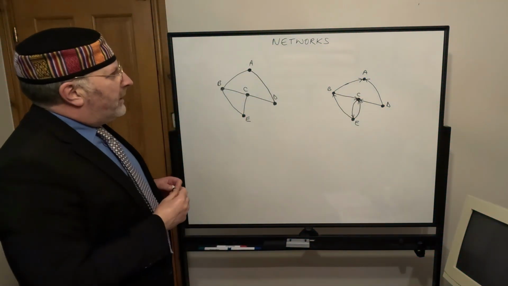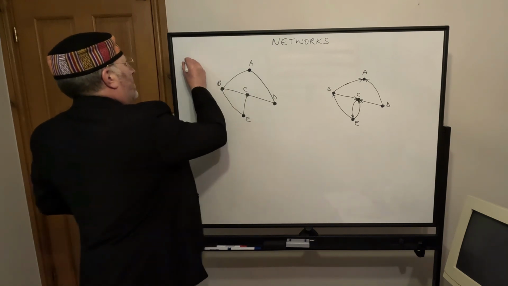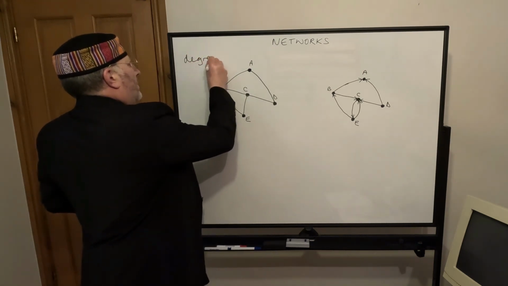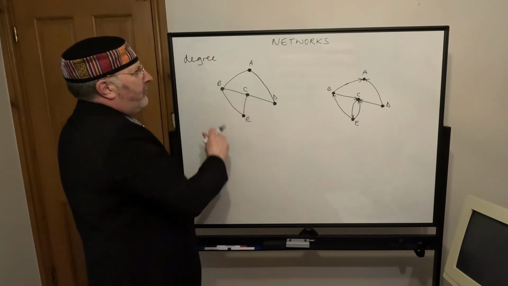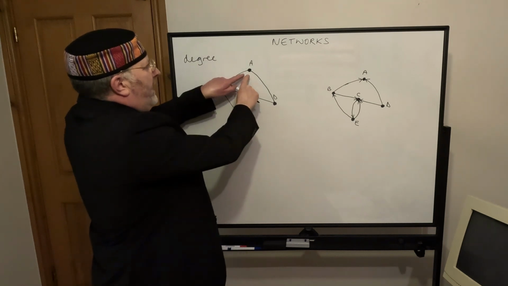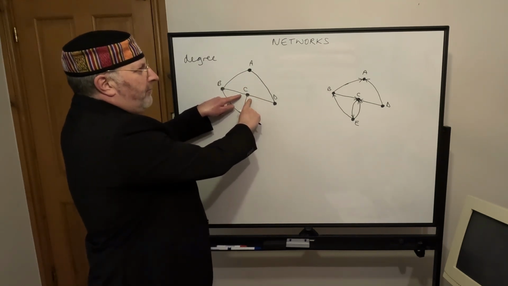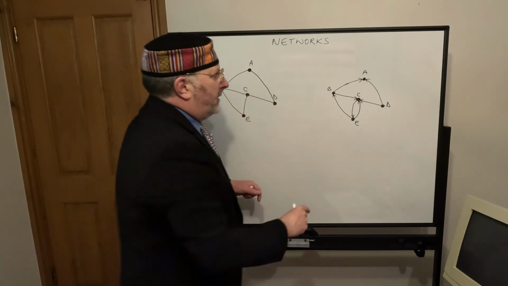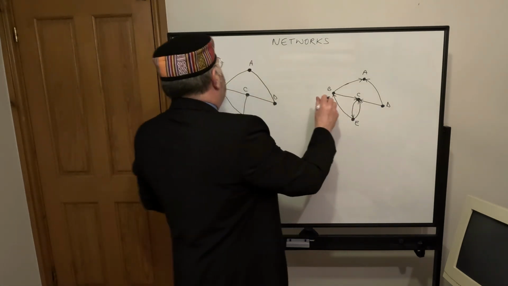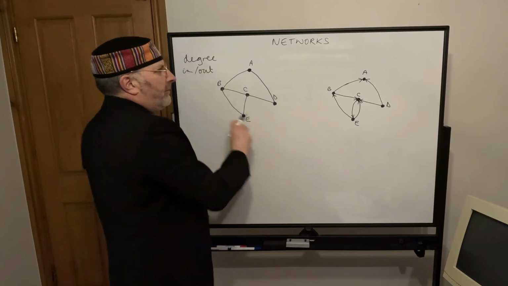Then another key idea is the degree of a node. The degree is just the number of links that the node has. So here A has degree 2, C has degree 3. And then with a directed network, we can talk about the in degree and the out degree.